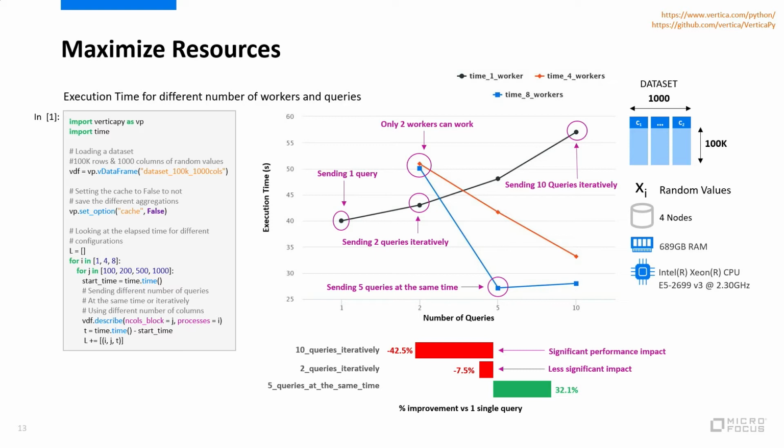For example, 2 queries iteratively will take a little bit less than 45 seconds. But if I'm sending 5 queries at the same time, you can see that first I'm sending lighter queries to the system, so it's easier to compute. And as I said, if it doesn't have enough resources, it will just put it in a stack.